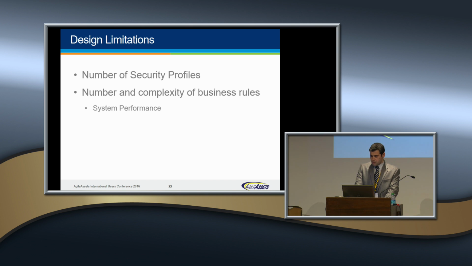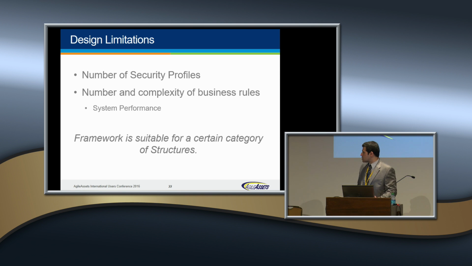Number and complexity of the business rules. We didn't have any problem; we resolved some of our issues by changing some business processes, and a lot of complex business rules were implemented without any issue. But if you start getting too fancy about those, then it might create some sort of performance drag.